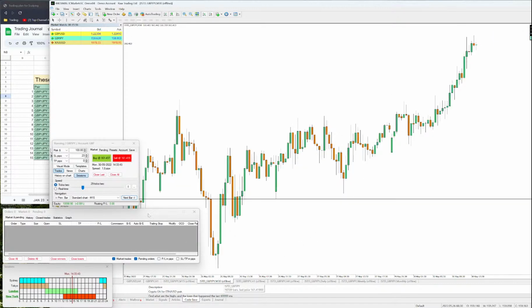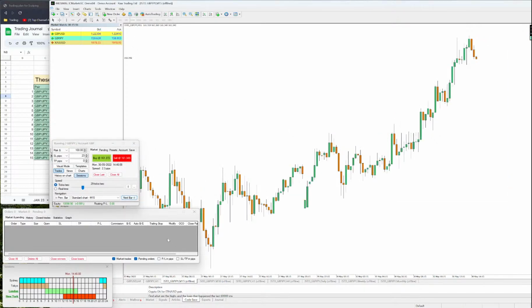So let's see, 15 minute closed bearish. Now I believe once we break this support right over here, we should be able to continue to the downside.